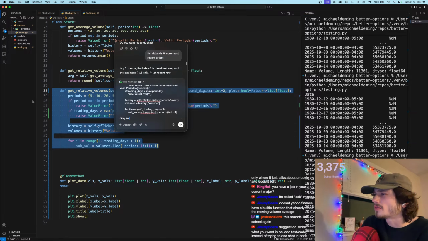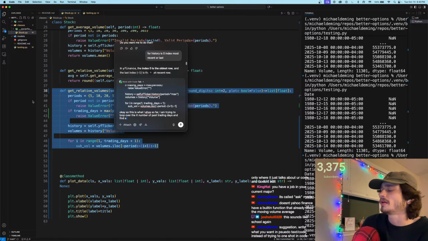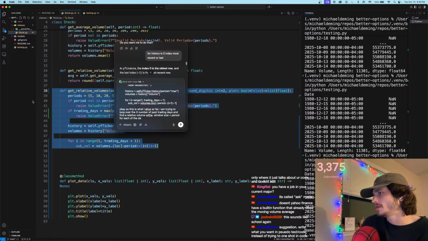Okay, so this is what I have so far. I am trying to loop over the X number of past trading days and find a relative volume with a window size equal to period for each of the daily volumes.